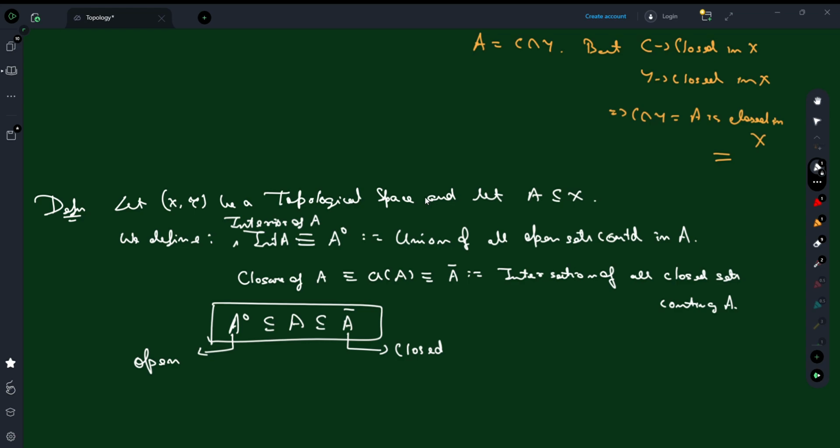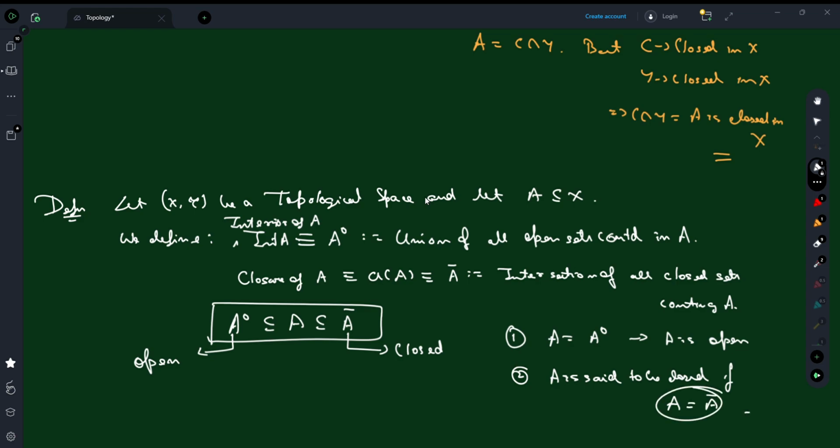We say that A equals the interior of A when A is open, and A is said to be closed if A equals A closure. This is quite relevant to what we had studied.